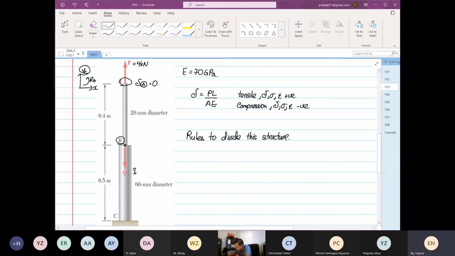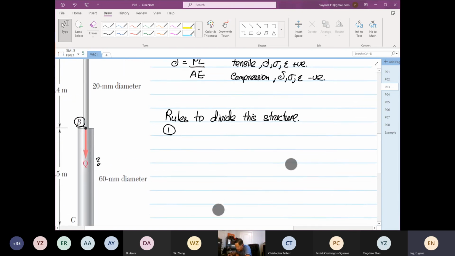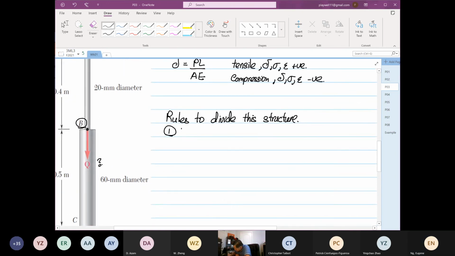Okay, so the first rule where you have to divide the structure is where the loads are applied. Right? So this is one of the rules.